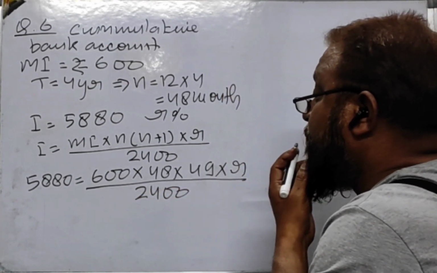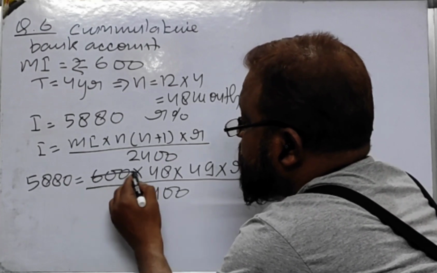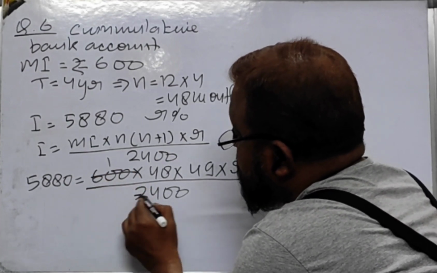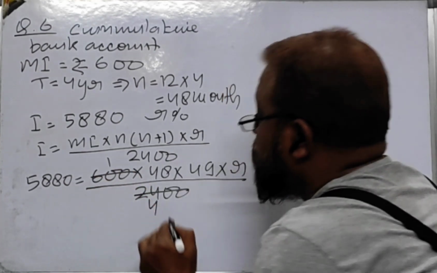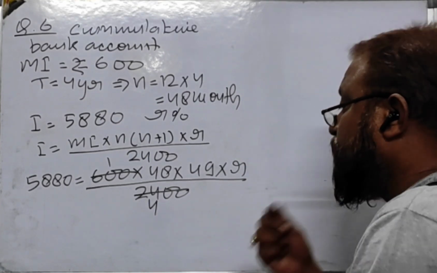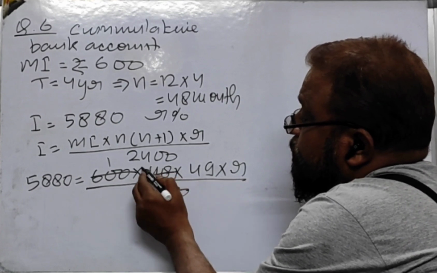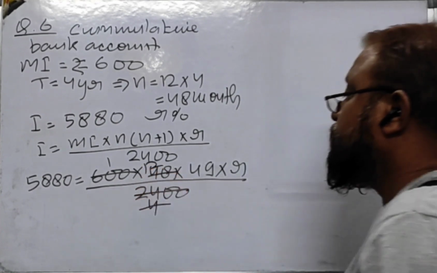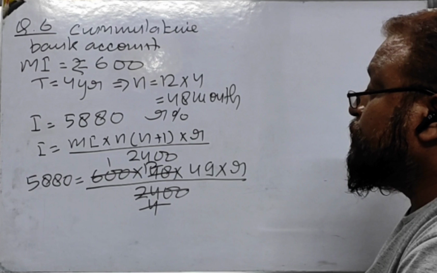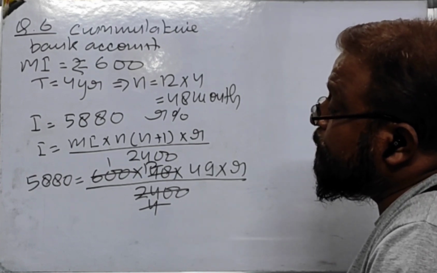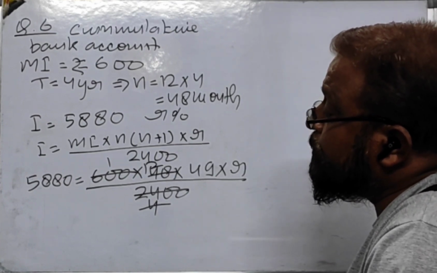Right? So 600 1 is 600 and 600 fours are 2400, and this is 12. 12 fours are 48.